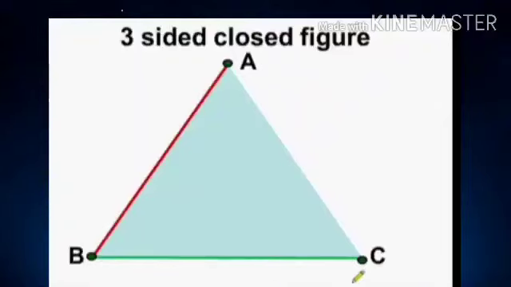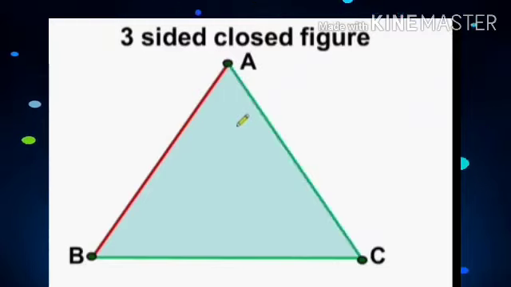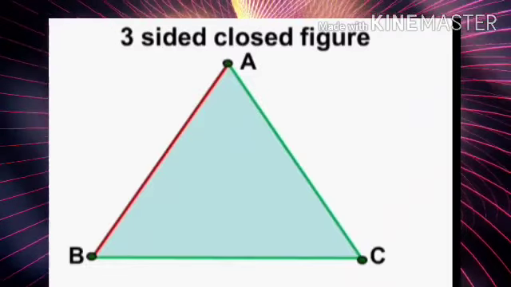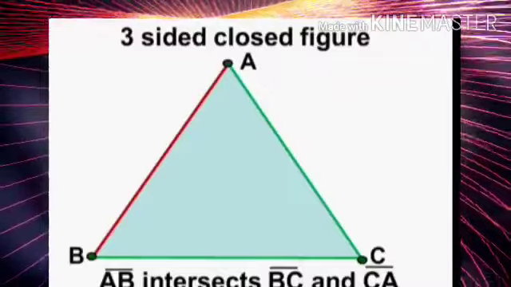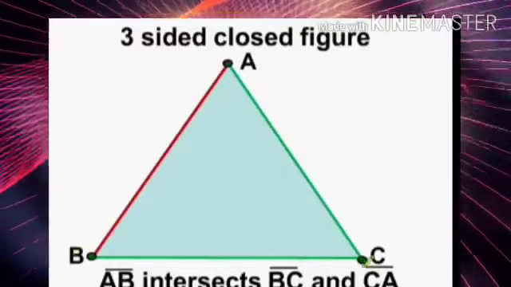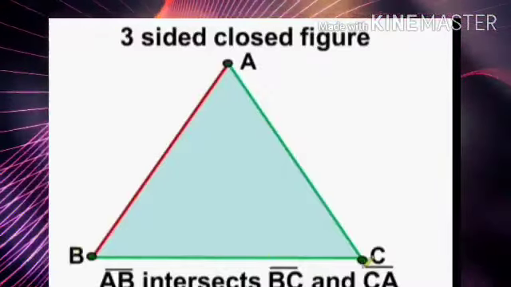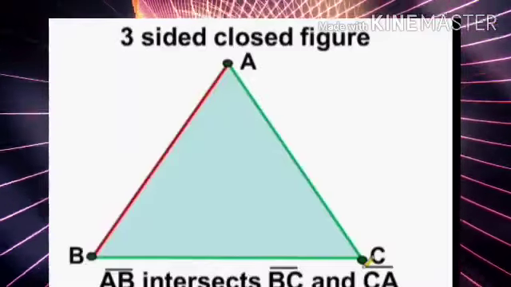It intersects BC at B and AC at A. Isn't it so? So this line segment AB is intersecting exactly at 2 points, B and A, and the line segments are BC and CA.